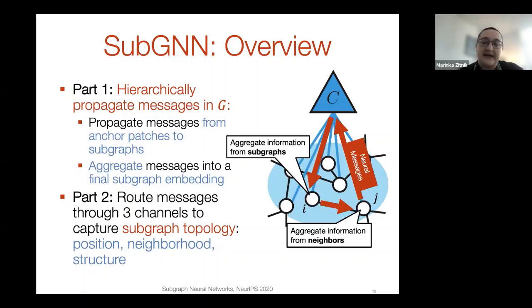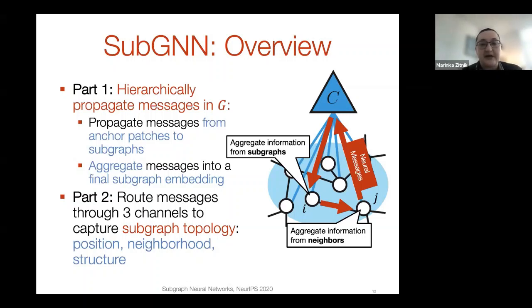What that means is that the architecture of SubGNN specifies the way neural messages, which are represented as vectors, are propagated along edges of the graph. And the way their propagation is optimized is for capturing 3 aspects of subgraph topology.